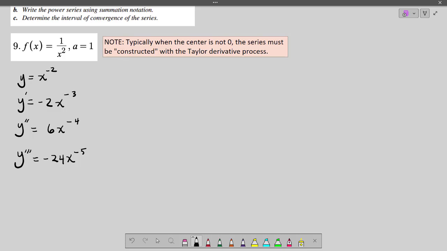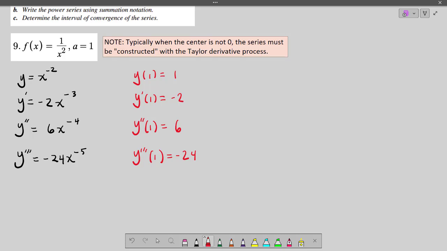Function and its derivatives, that's column 1. Column 2, we evaluate each of these at the center. And you've gotten pretty decent at this. We've done enough of these that you have that.